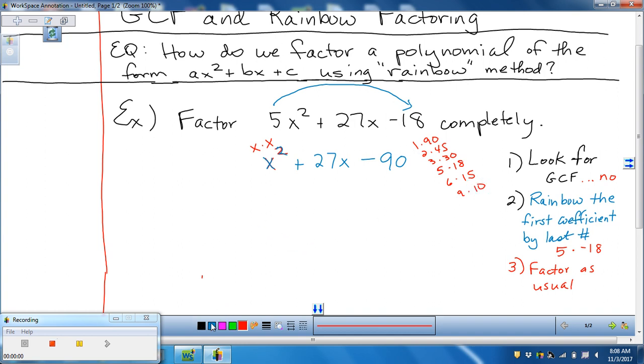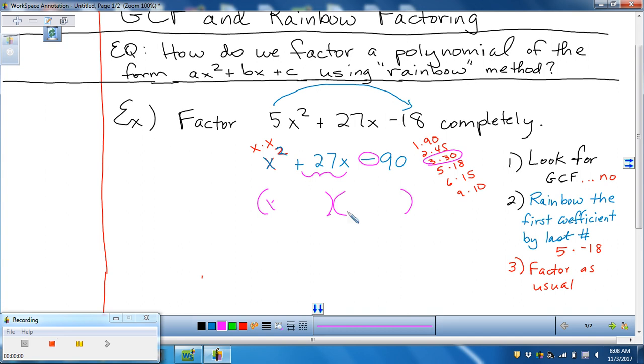And now we're going to find the pair that's going to subtract to give us 27. And the pair that we have is 3 and 30. So we're going to go ahead and factor this using the 3 and the 30.